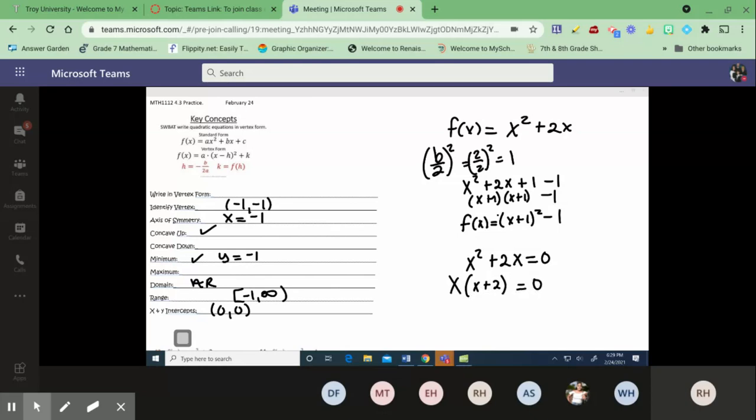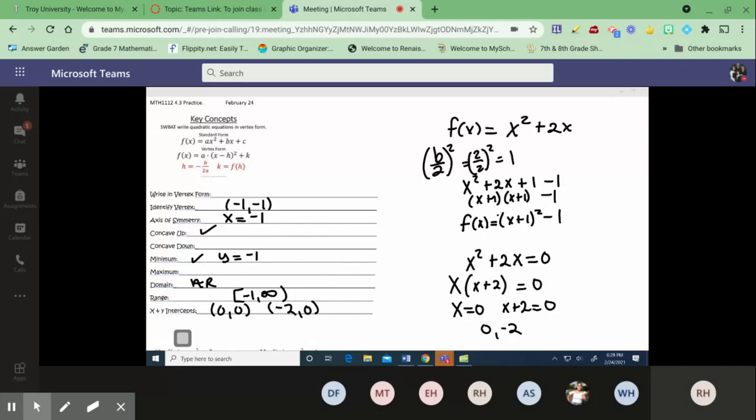So that gives me x equals 0, or x plus 2 equals 0. Now I don't have to write the (0, 0) one again because I've already got that, but I also have (-2, 0). Not too bad. Kind of messy.